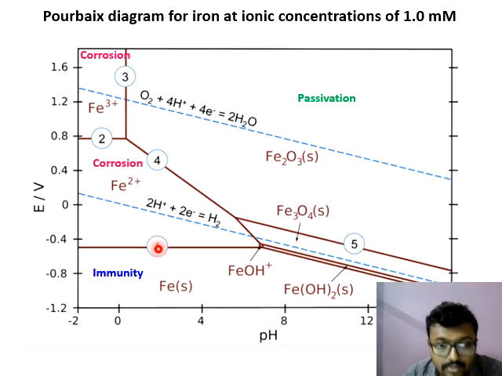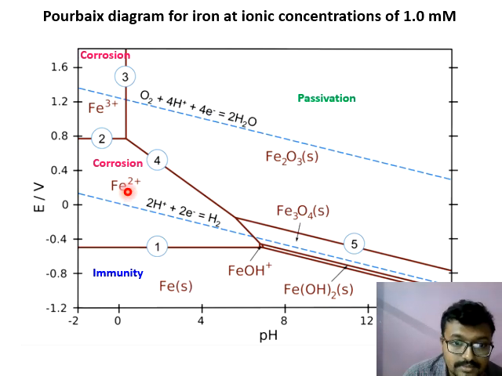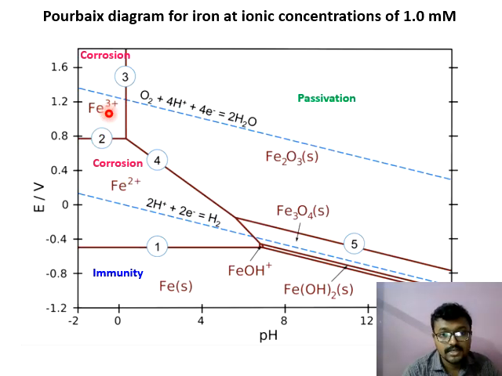So line 1 indicates the equilibrium reaction between iron and iron 2+, right? Now after formation of iron 2+, it is forming iron 3+. So line 2 is indicating the equilibrium reaction between iron 2+ and iron 3+, right? Now these two lines, line 1 and line 2, are parallel to the pH axis.